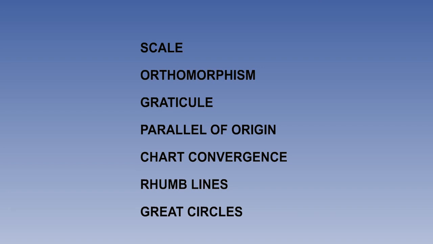We are now going to consider all the important chart properties in the way that we did for the Mercator chart. This is our list, and we'll go through them one by one. The first of these is scale. Fortunately, we don't do any scale change calculations with the Lambert's projection, as we did for the Mercator.